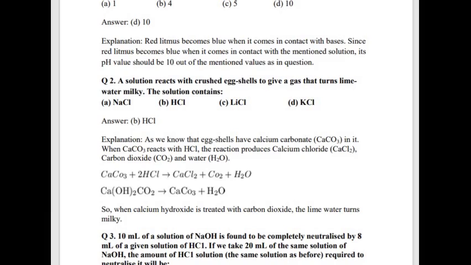Now we know that eggshells have calcium carbonate in it, and when it reacts with HCl, the reaction will produce calcium chloride, carbon dioxide and water. And we also know that when carbon dioxide is made to react with calcium hydroxide, which is the lime water, it will turn it milky. So the reaction can be shown as in the figure, right?